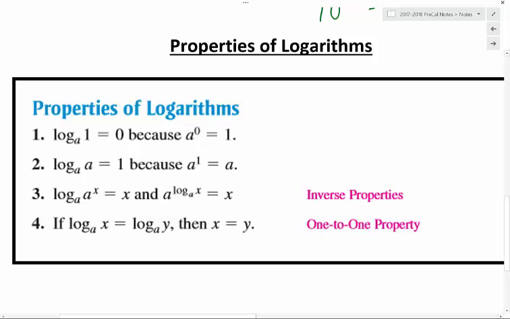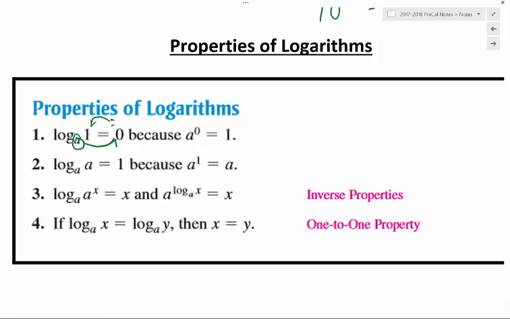Remember, we're basically saying this to this power equals that. So if your log equals 0, you will always have a 1 there, and if it's log base something of 1, it always equals 0.